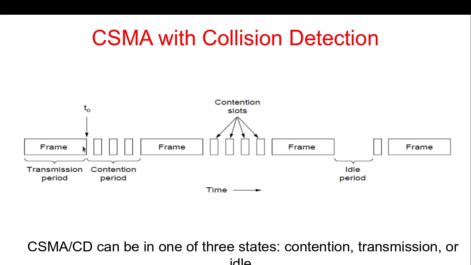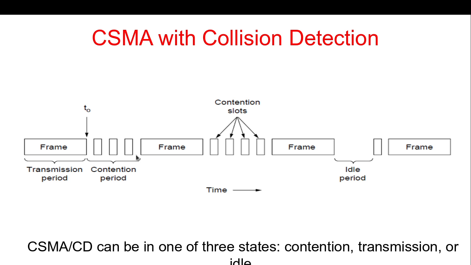Now, if other stations are willing, they sense that no other stations are transmitting, so multiple stations can contend for transmission in their slots. This is what is called the contention period, where the stations detect that no other stations are transmitting, and that's why they start transmitting their own.